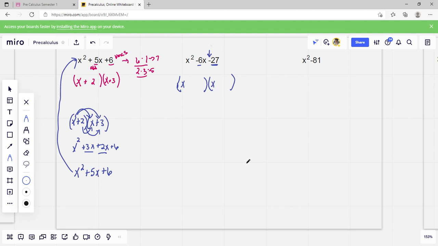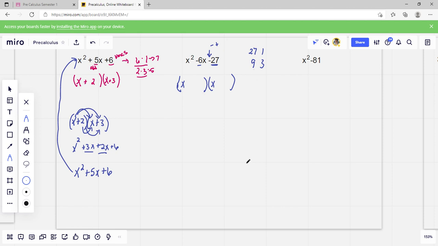So we need a negative and a positive. Our factors of 27 would be 9 times 3 is 27, 27 times 1. I think that's it. Yeah, that's pretty much it.